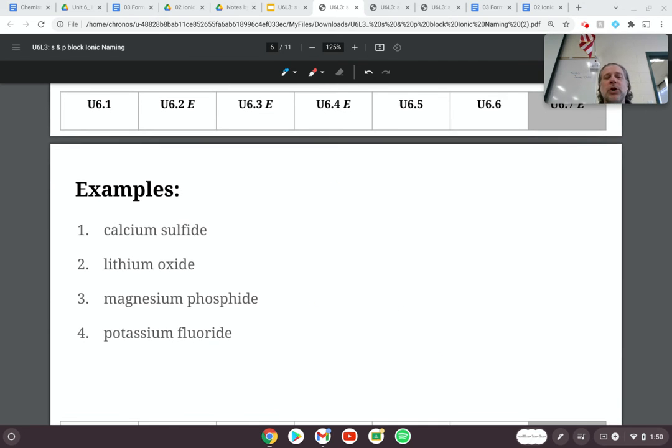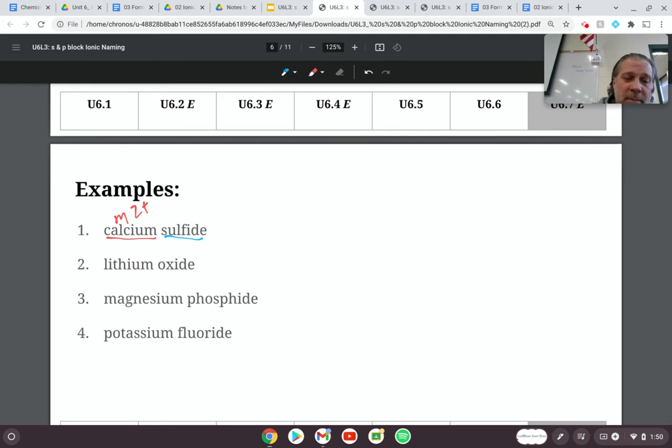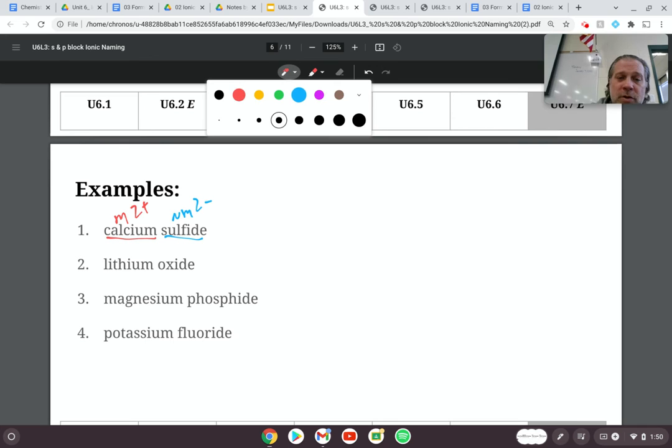So we have calcium sulfide. All right, first of all, I know that calcium is my metal, and I know that calcium has a charge of +2. Sulfide is my nonmetal in this case, and it has a charge of -2. So the first thing I'm going to do is go to the periodic table, and find the symbol for calcium.